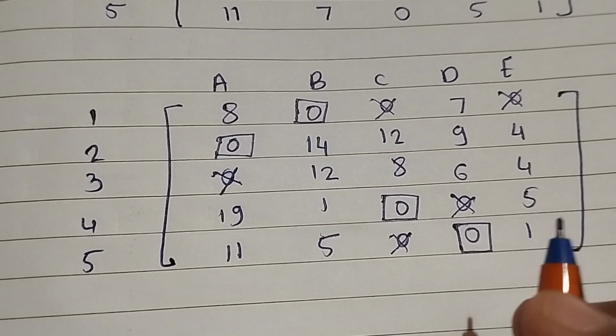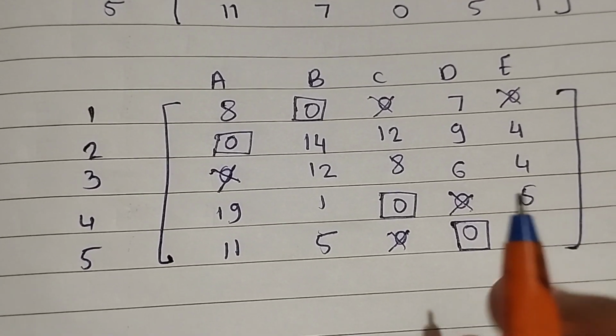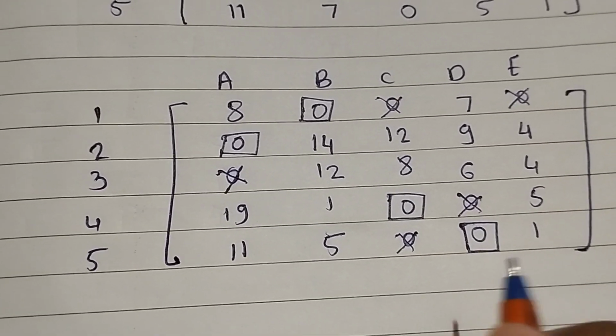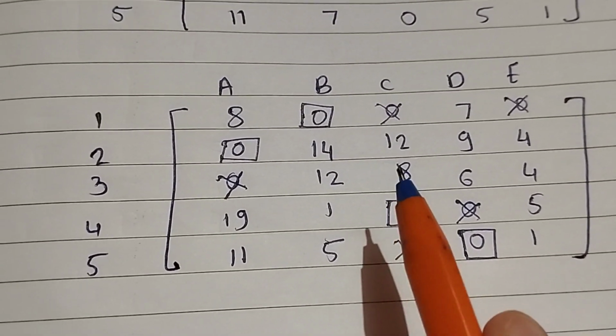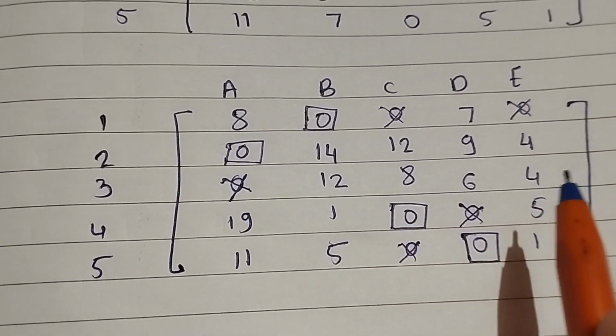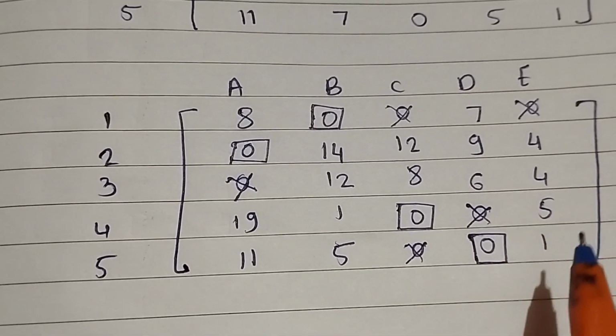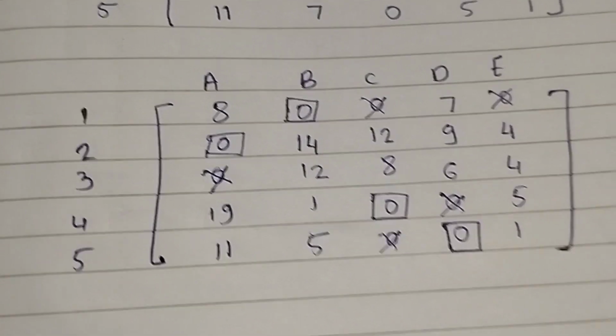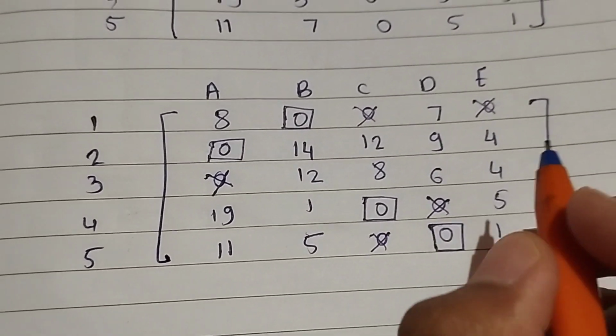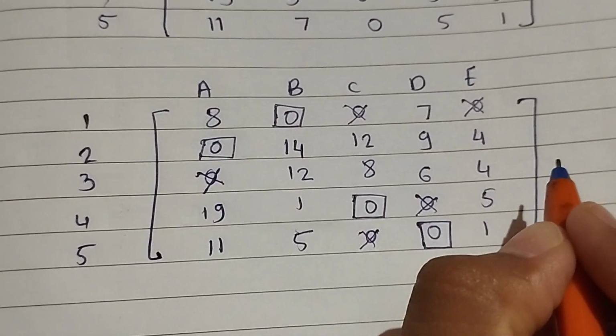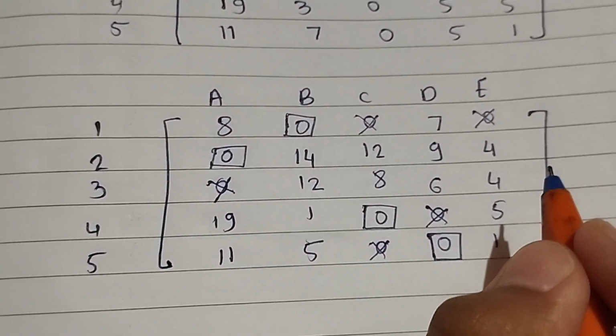But we do not get the optimal solution from this step, because for the third row we do not get any assignment, and for this solution we want each row and each column to have an assignment.